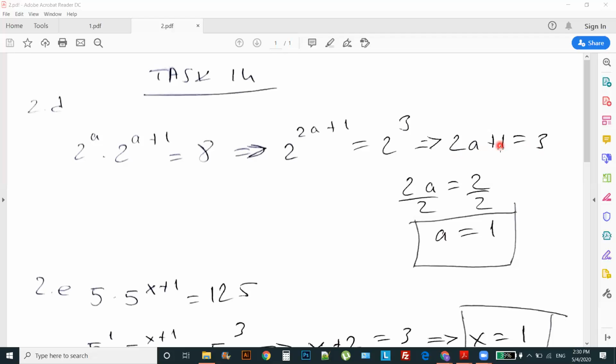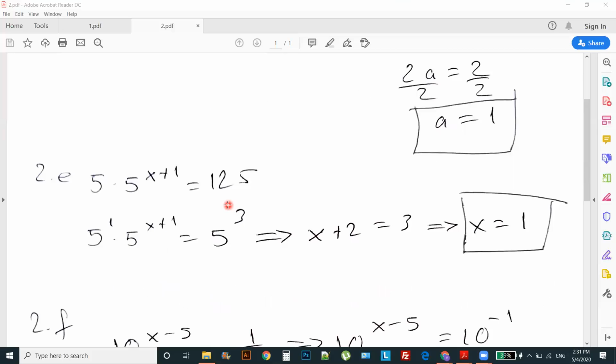I want to leave the unknowns on one side, which is 2a, and the knowns on the other side, which are the numbers. When I take this 1 to the other side of the equation, obviously it's going to change its sign. It's going to be minus 1. Then 2a will be 3 minus 1, which is 2. 2a equals 2. Divide both sides by 2. Then a will be 1.